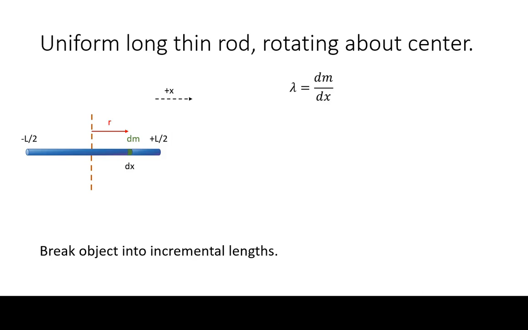We define the line density lambda as the differential mass over the length.